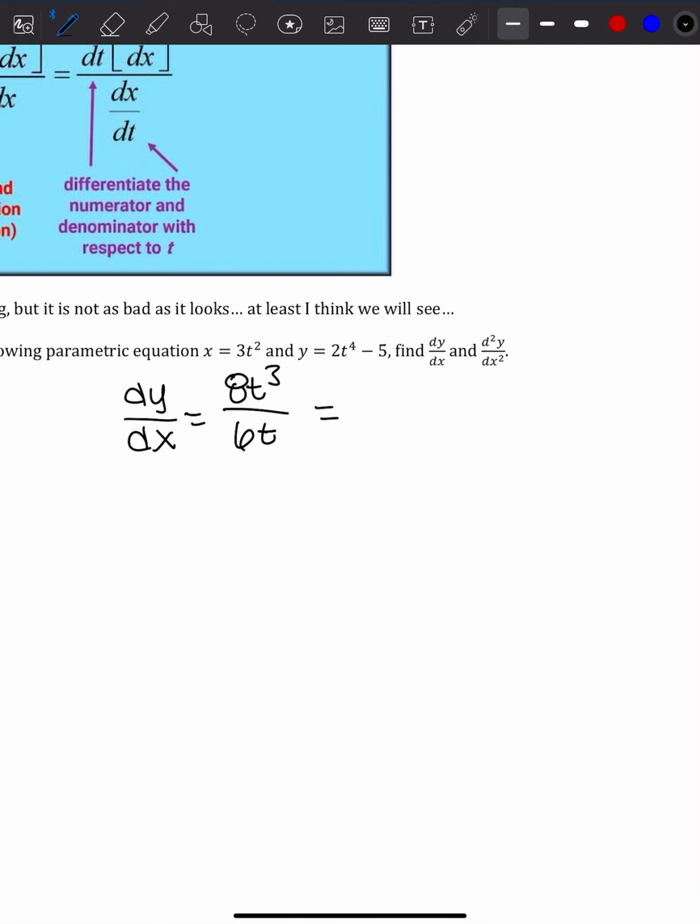So we're going to simplify this. 8 and 6 have 2 in common, so I'm going to factor out and simplify it down. So I have 4/3. t cubed divided by t is the same thing as t squared. So 8t cubed divided by 6t is the same thing as 4/3 t squared.